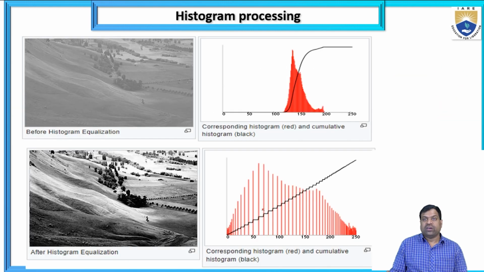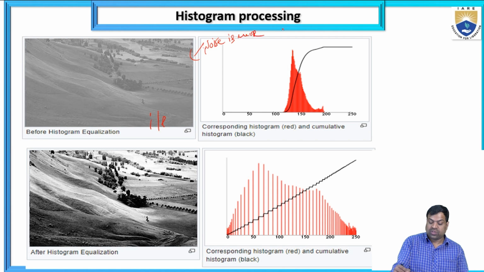Okay, and this is one example of histogram equalization. It is the input, so it is somewhat dominating. So noise levels are there. Noise is more. So how am I showing it? With the corresponding histogram and cumulative histogram, showing how much noise there is in the histogram process.